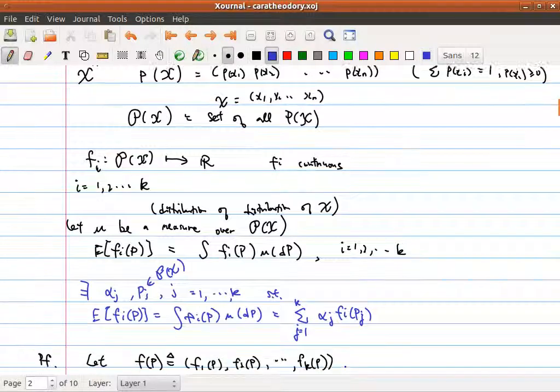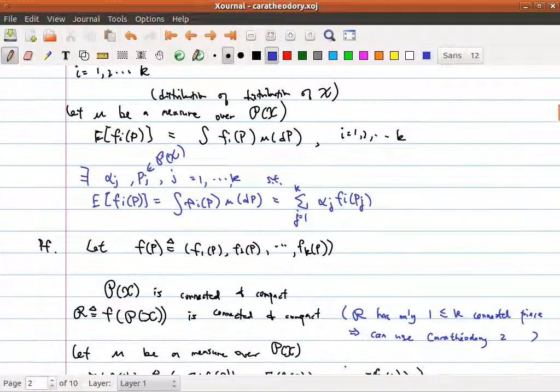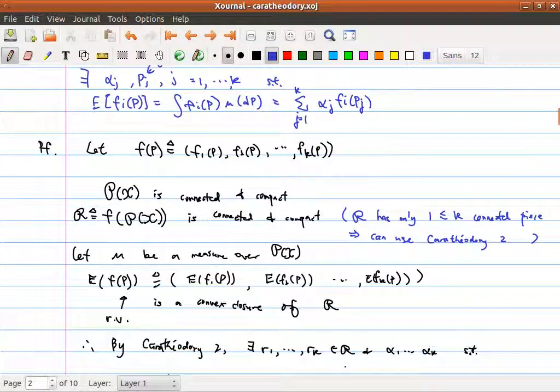Okay, it's a little bit of a mouthful, honestly, but let me give a proof, and then I will give an example. Hopefully it will be easy to see why it's so.